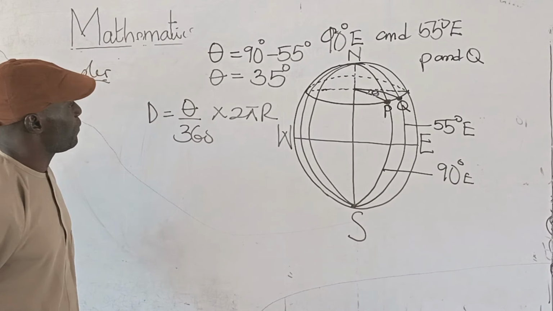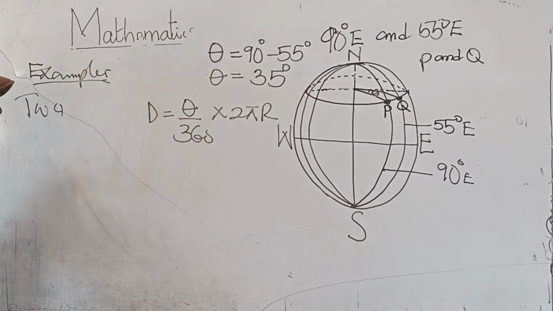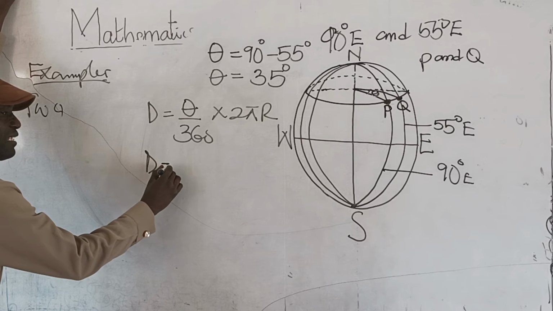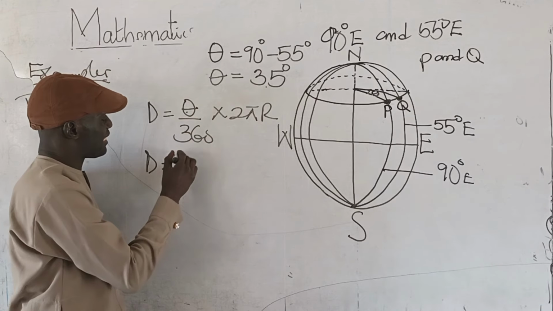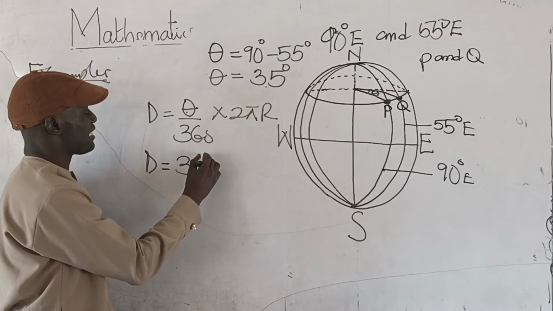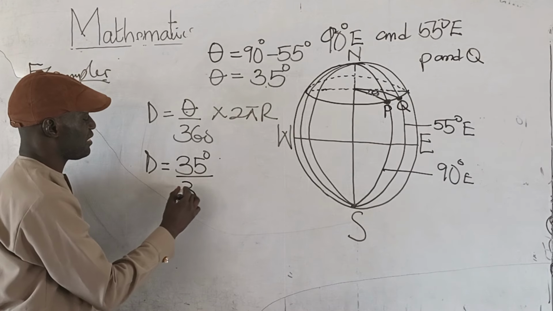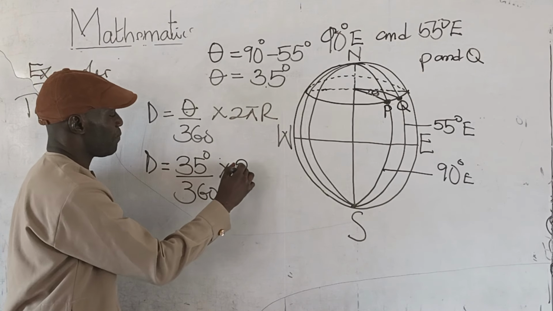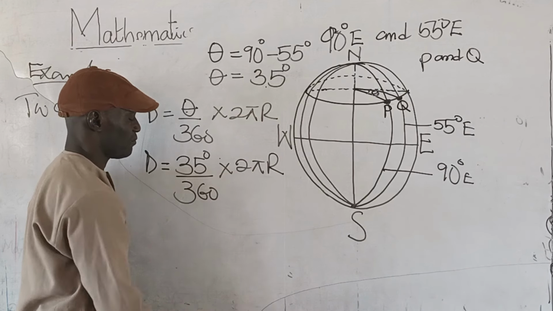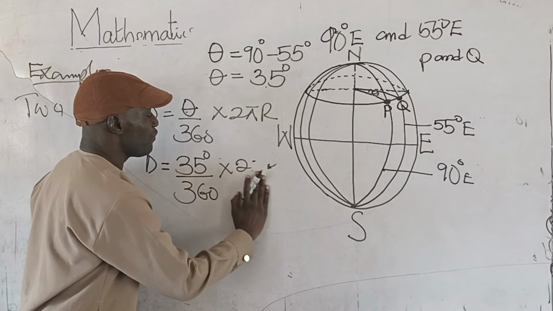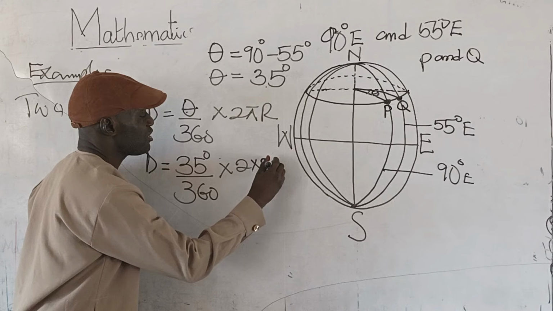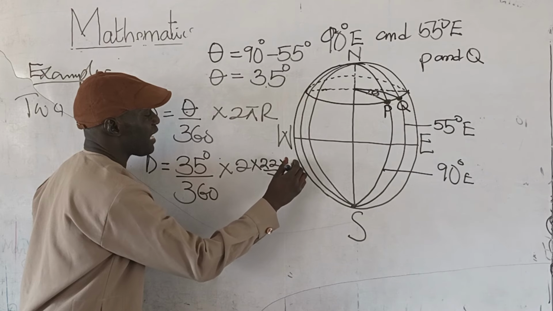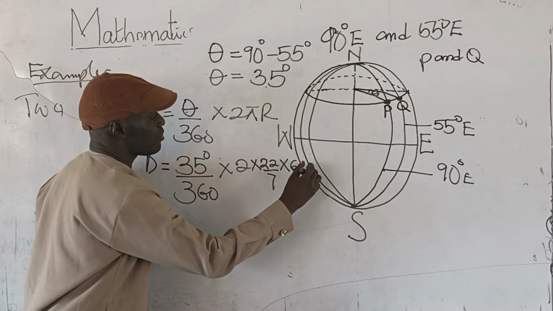So if you want to solve this problem now, what to apply is theta over 360 times 2 pi big R. So I'm solving the problem now, which is D equals, our theta now is 35 degrees, over 360 times 2 pi big R. In mathematics, pi simply means 22/7, and big R is 6,400.